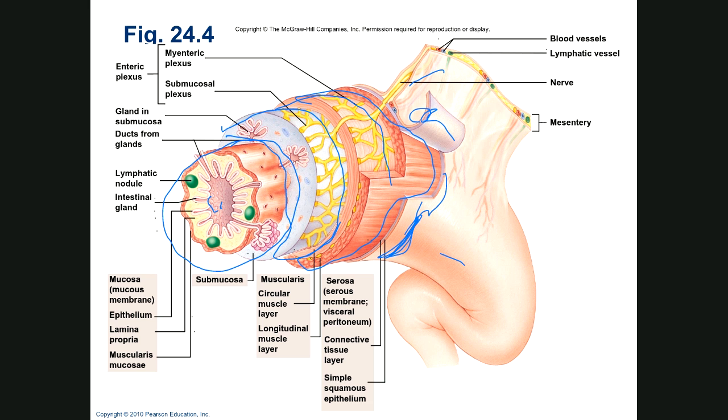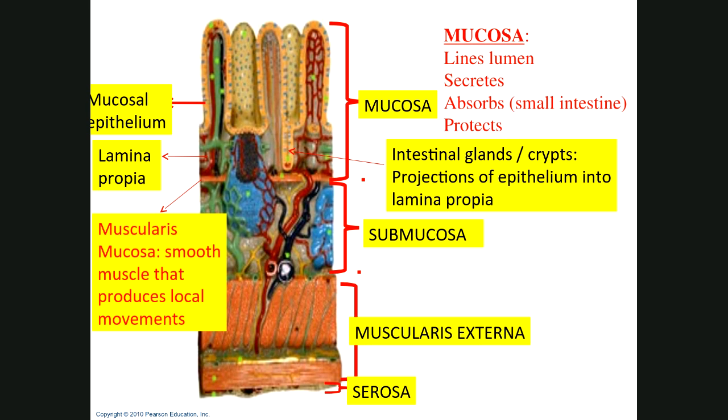The mucosa itself is made of the mucosal epithelium, which is the layer of epithelial tissue that lines the GI tract, and for the most part is going to be simple columnar epithelium.